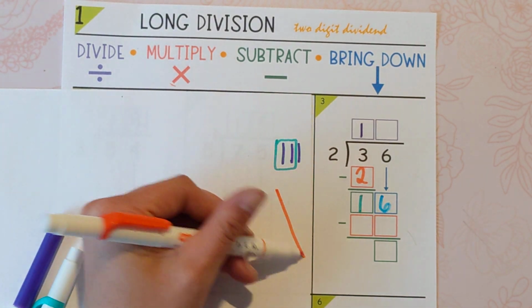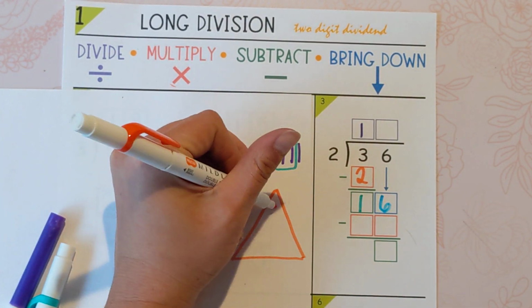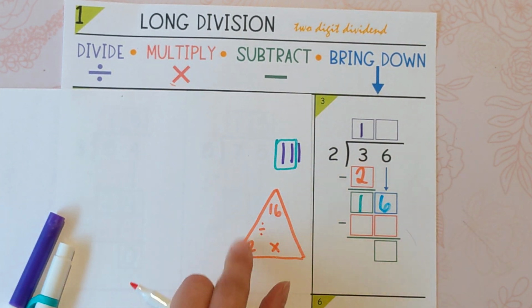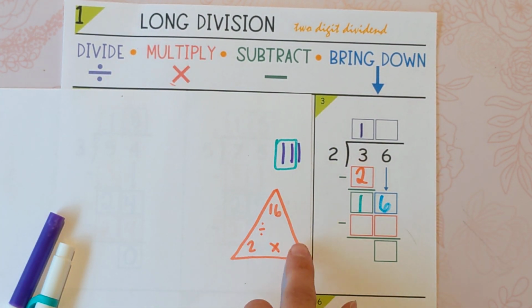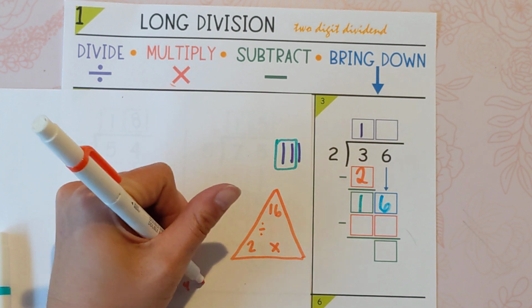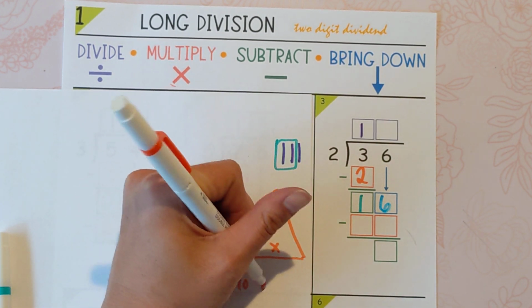So you can draw a fact triangle. If you know your multiplication facts, they work with division. So 2 times what is 16? Another thing you can do is skip count your 2's until you get to 16, and that will be however many times it was.